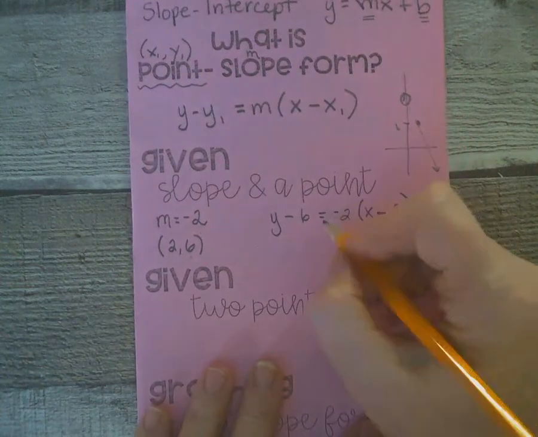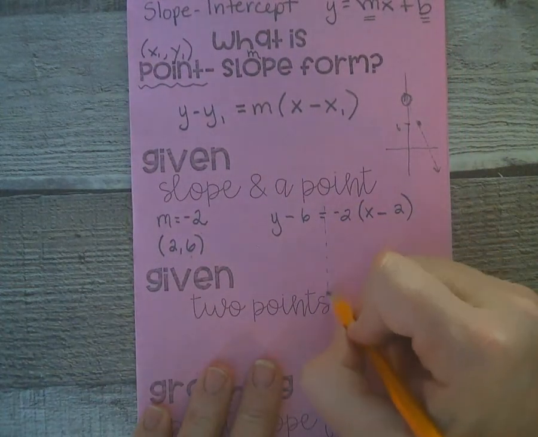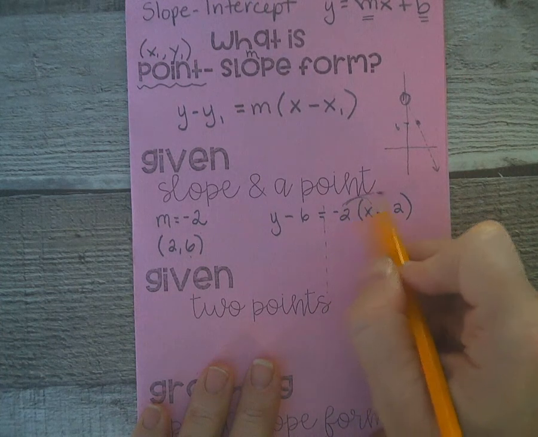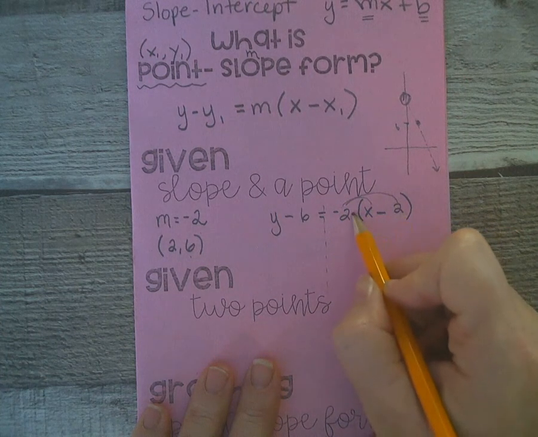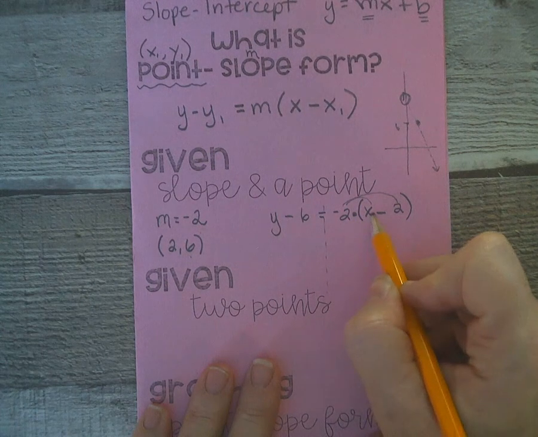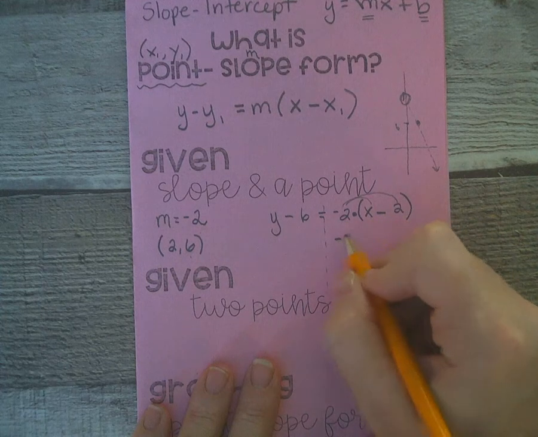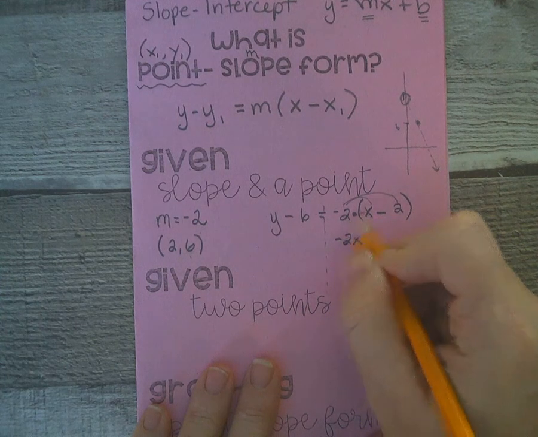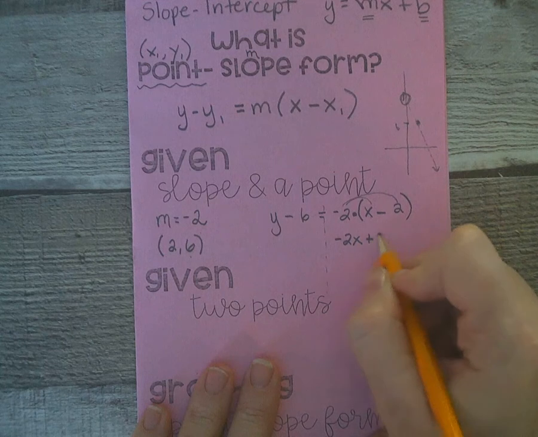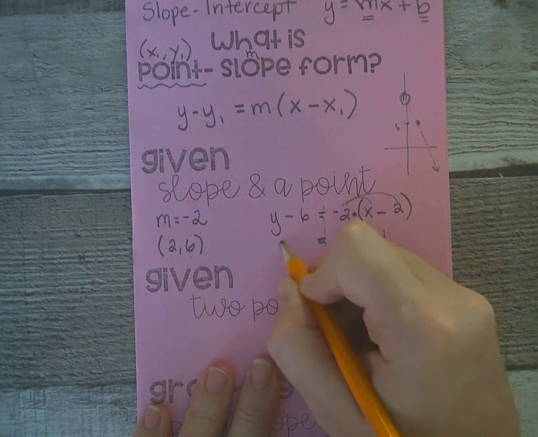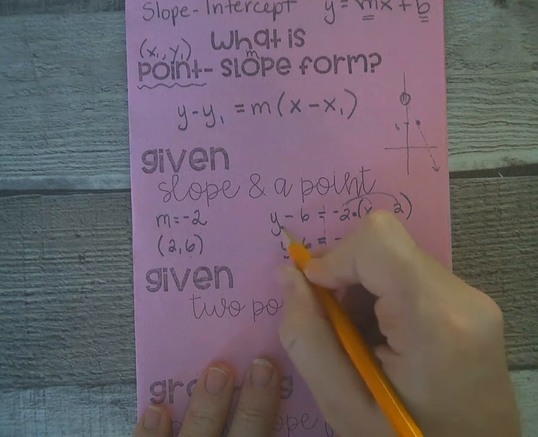Okay, so now we're going to do a little bit of algebra. The first thing we're going to do is distribute -2, because this says multiply. So we have to multiply -2 by x and by this -2. -2 times x is -2x. -2 times -2 is +4. We're going to bring our equal sign down, and we're going to bring down y minus 6.